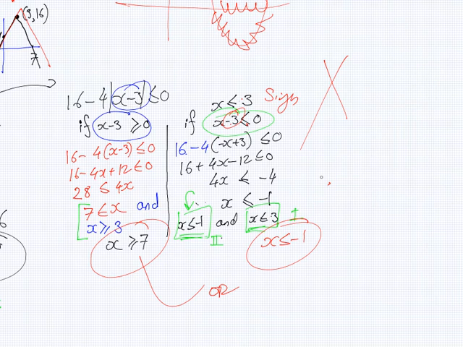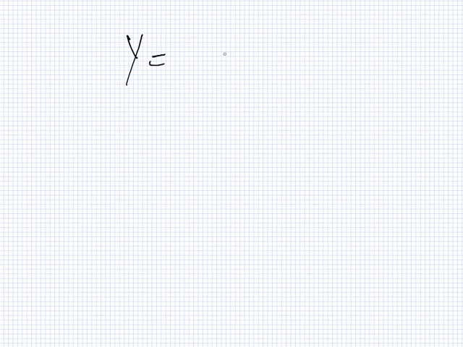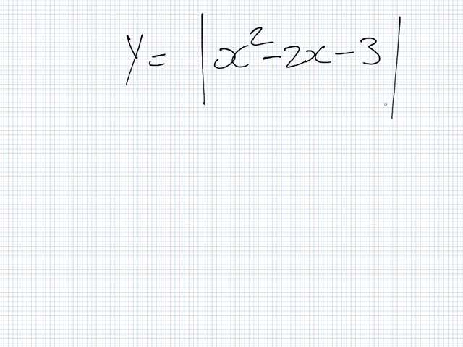Okay, just now, one last thing to look at. Sometimes you can get absolute of a function. Like if I said absolute of, let's say, x squared minus 2x minus 3, absolute. And I ask you to draw this. How do you think you might draw this?